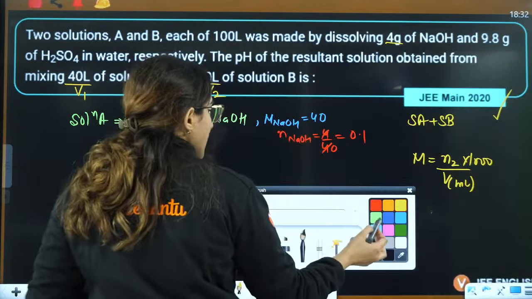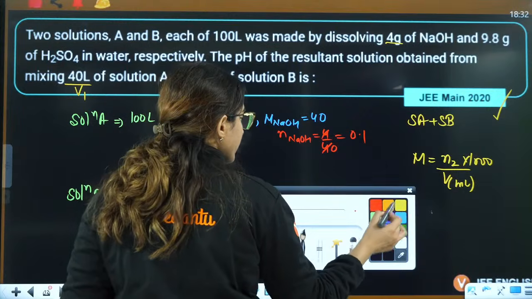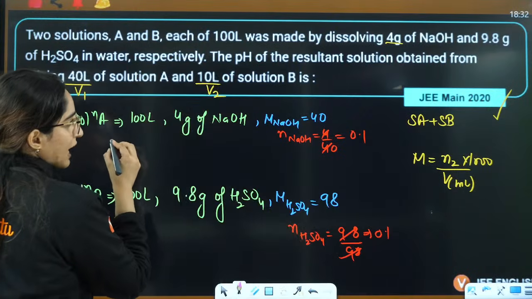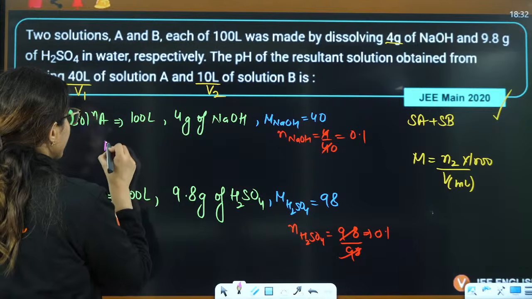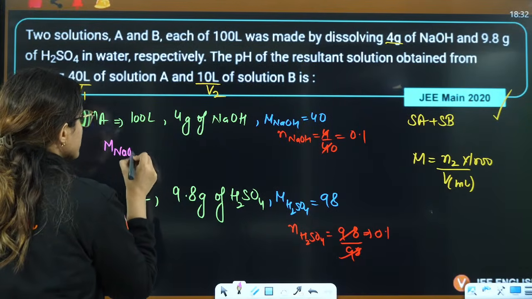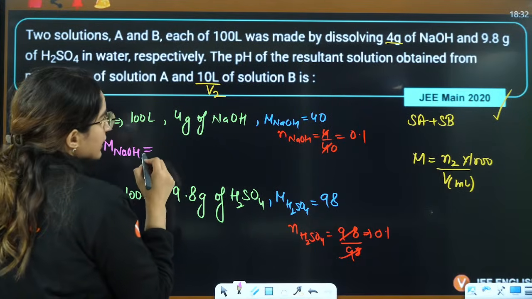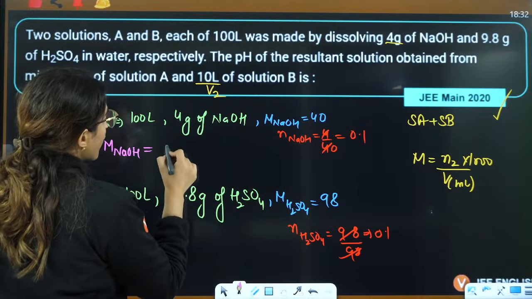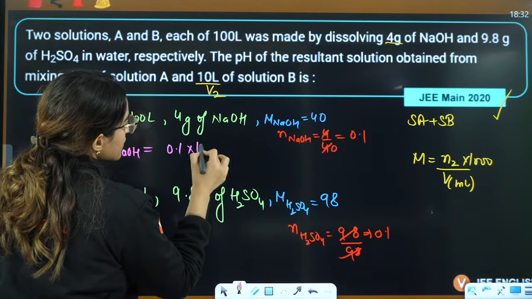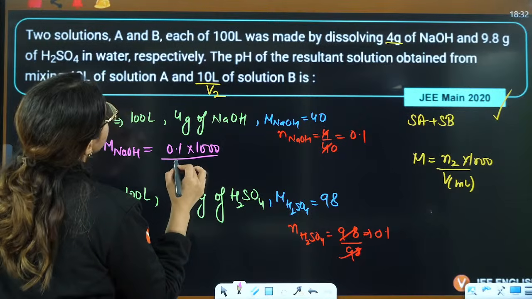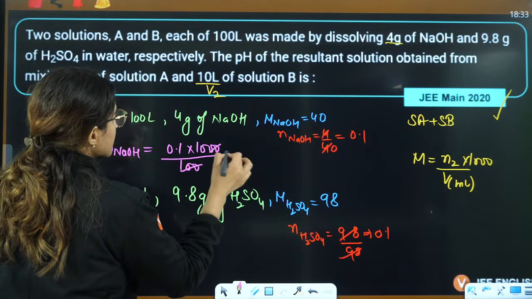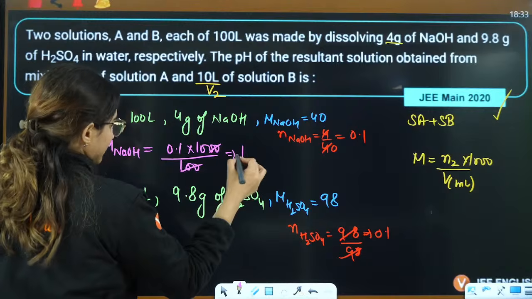Now I'll calculate the molarity of NaOH. That is 0.1 into 1000 divided by volume 100. It cancels, so it is 1 molar.